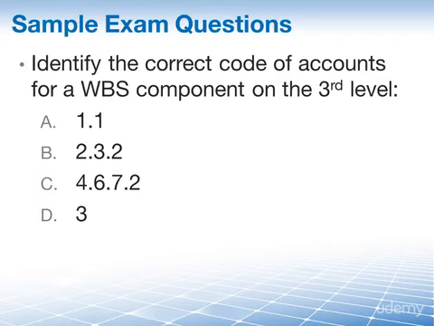And the correct answer is B, 2.3.2. The trick simply is that a code of accounts for a WBS component on the third level requires 3 numbers. But it doesn't have to be numbers, it could also be alphanumerical, so this could have been A3.2. That's also 3 numbers or letters that identify a code of accounts on the third level.